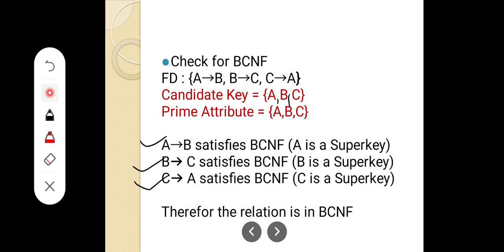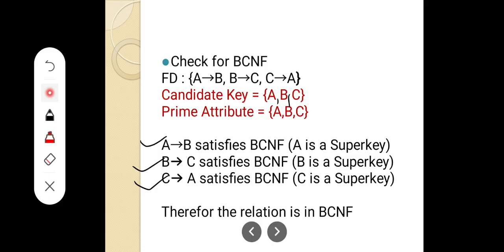So in 2NF, what was the condition? A subset of a candidate key must not determine a non-prime attribute. For 3NF we had two conditions: the LHS must be a super key or a candidate key, or the RHS must be a non-prime attribute.